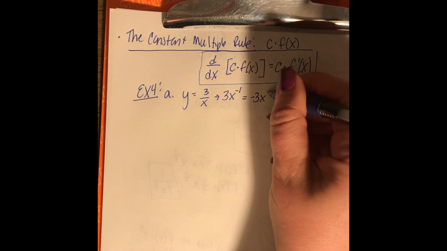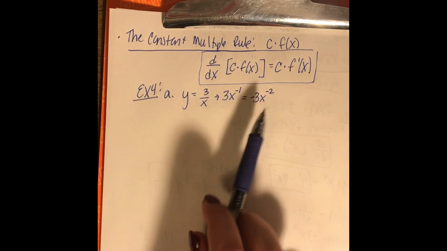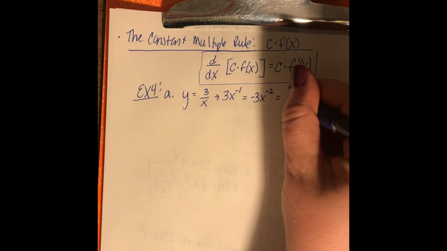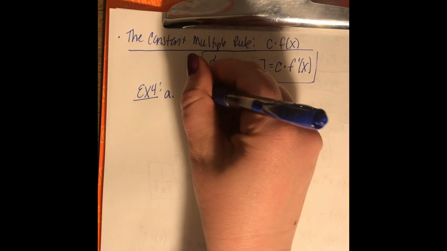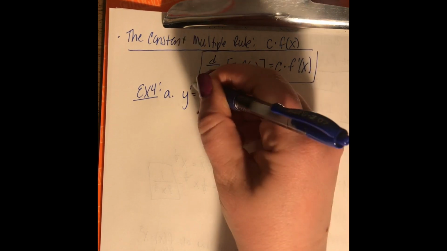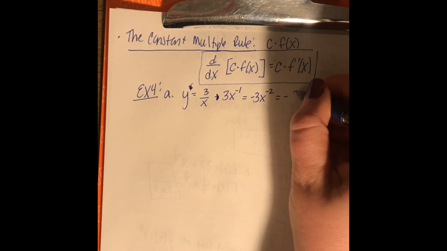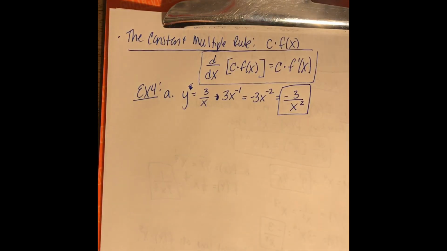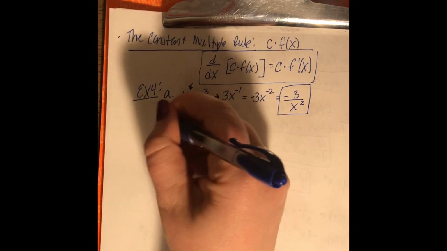When we subtract 1 from -1, we get -2. But then again, we have to make sure that our exponent is positive. So y prime is -3 over x squared. That's y prime.